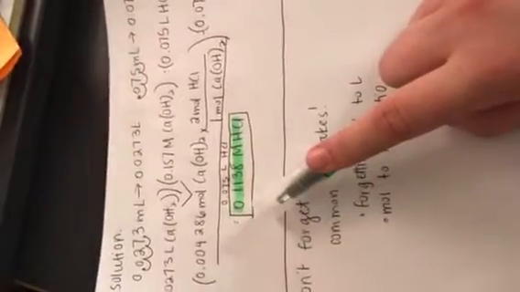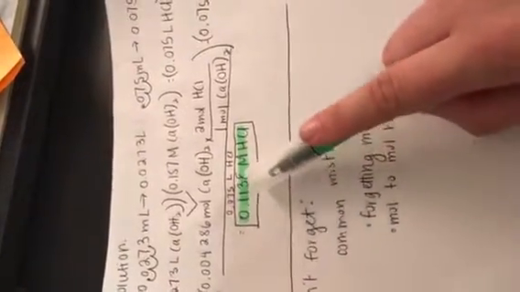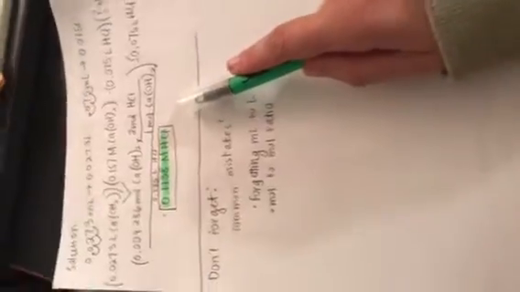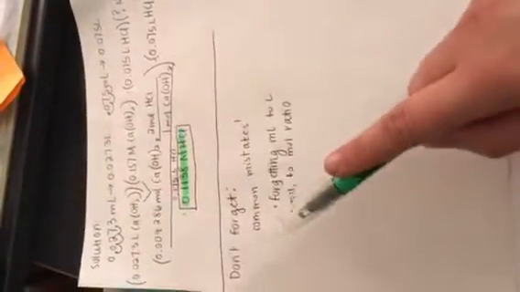So if we're looking for concentration and we have volume and moles, then we just need to divide the moles by the liters, and that's going to give us our final answer of 0.1138 concentration or molarity of hydrogen chloride. And so this is our solution, and some common mistakes are forgetting to change milliliters to liters, so watch out for that, and also your mole to mole ratio.